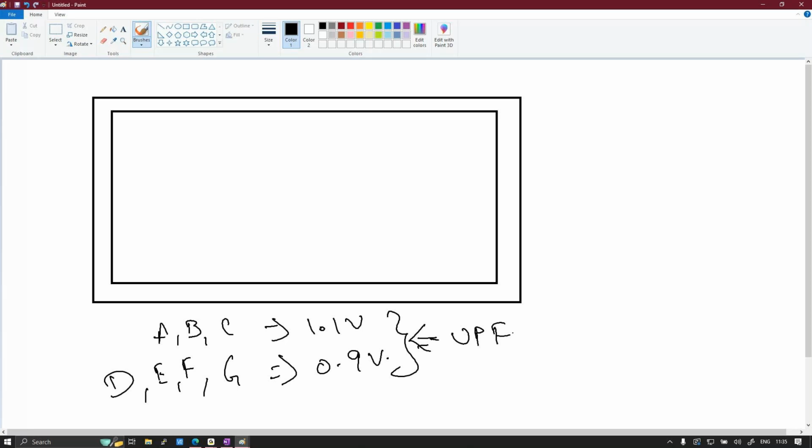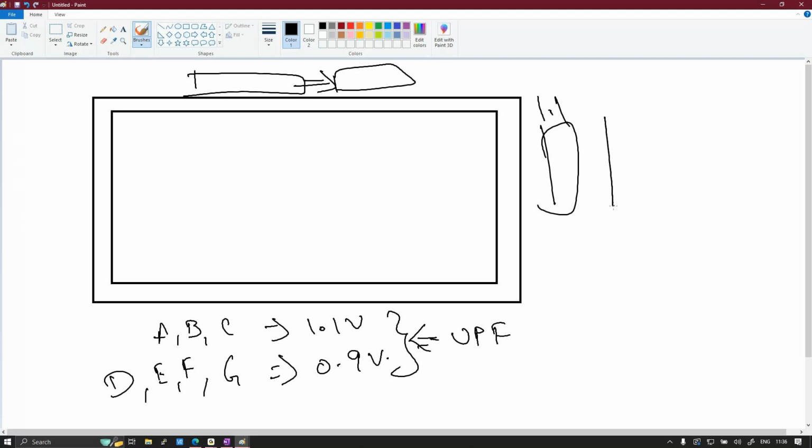Sorry, can I convert a power line from 1.1 volt to 0.9 volt, or do I need a 1.1 volt line separately and a 0.9 volt line separately? If I want a conversion, then what do I need over there? A transformer, right? So again, I need supporting features for it.